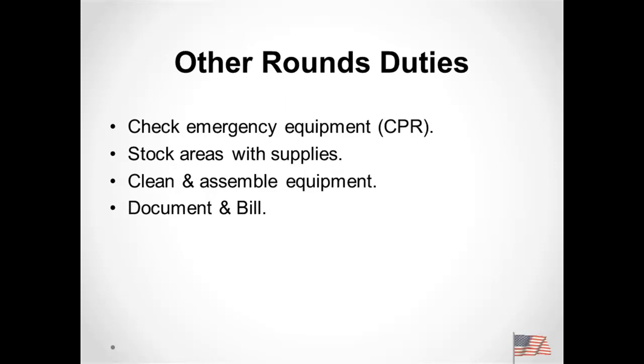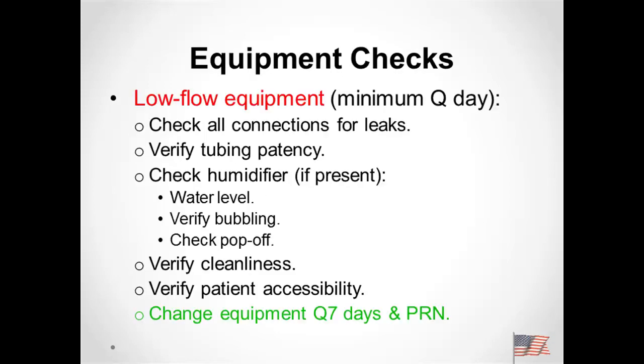Every crash cart that I've ever seen has either a drawer or a box for respiratory needs, which inside the box is a resuscitation bag, some mechanisms to maintain an airway, maybe blood gas kits, just anything possible that we would use as respiratory therapists. There's also usually a cubby or some closet that is designated for respiratory equipment, which is on the floor. We want to make sure that all the stuff is there.